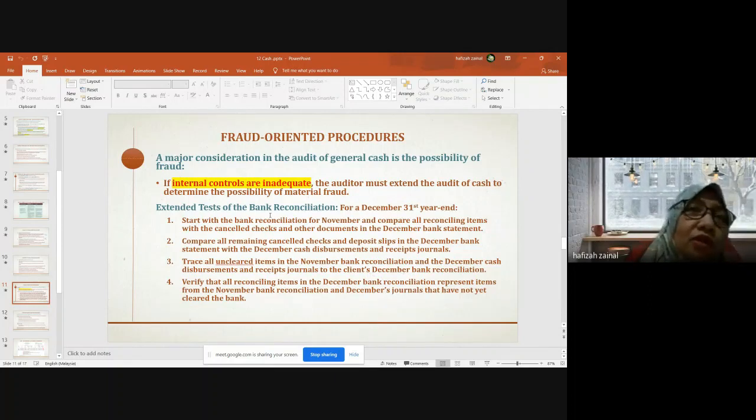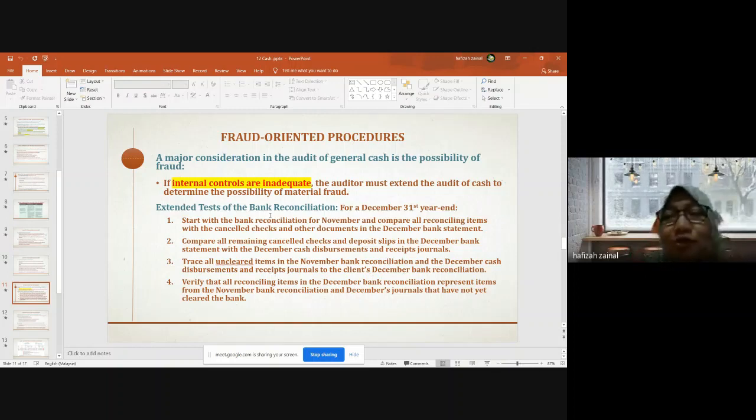Their fraud was actually initiated by manipulation of the bank accounts through the bank reconciliation. They did the manipulation, and later the fraud was found by the auditor. It is one of the big cases that happened around the world.